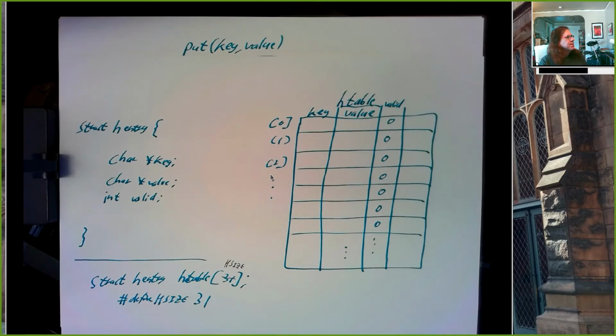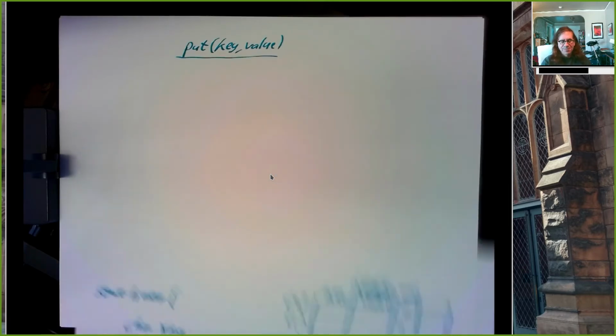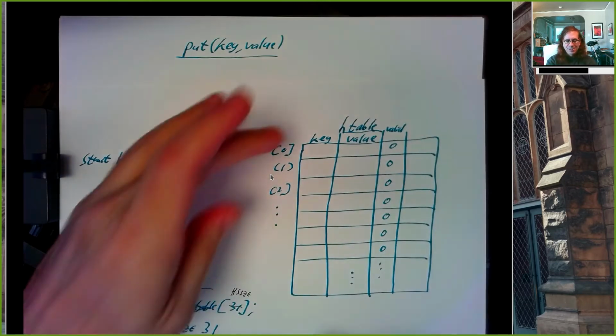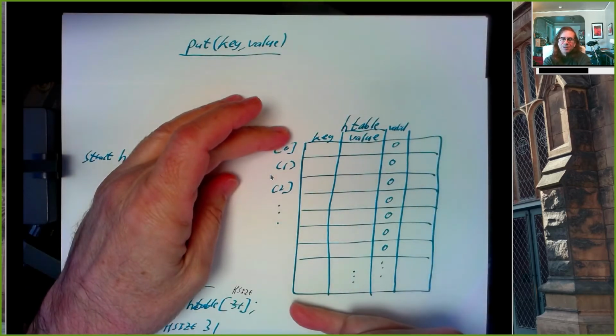So hash the key and put it at the index that corresponds to the output value of the hash. Perfect. So we have this hash function. The reason the hash function exists is so that we can take a key and it will tell us where we should store that key in the table. That's what the hash function does. It maps from the space of all possible keys to the space of all possible indices.